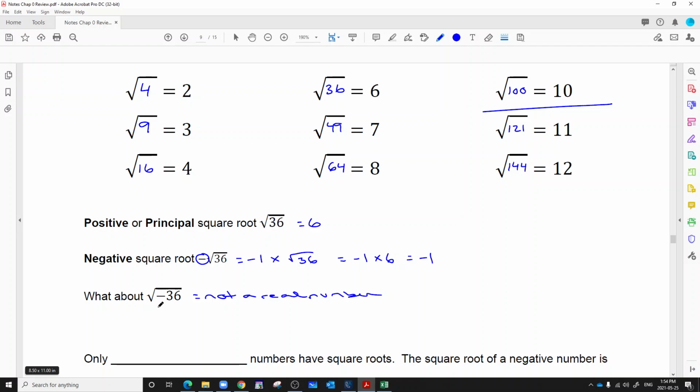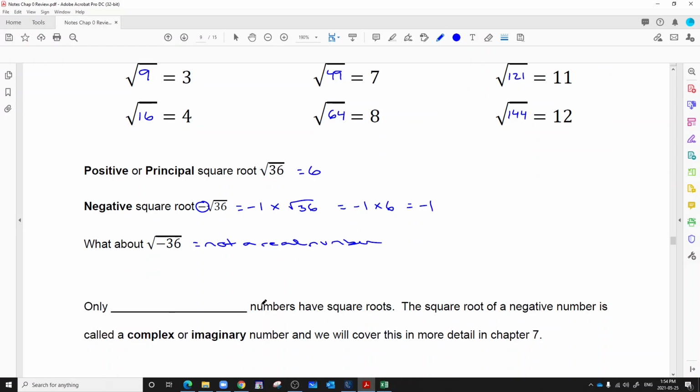But anytime you see a square root of a negative number, your answer is going to be not a real number. And that's because only positive numbers can have square roots because it's something multiplied by itself. 6 times 6 can only give 36. -6 times -6 can only give me 36.